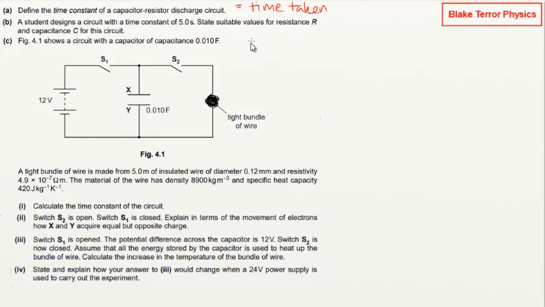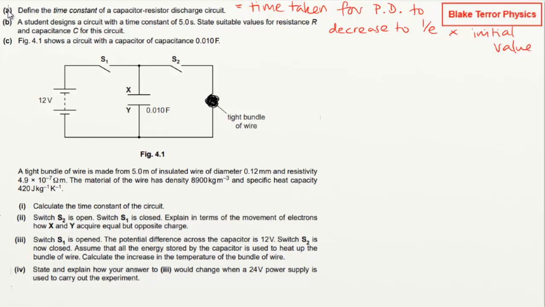The time constant of a capacitor resistor discharge circuit is equal to the time taken for the potential difference, or the current, or the charge stored, to decrease to 1 over e times the initial value.